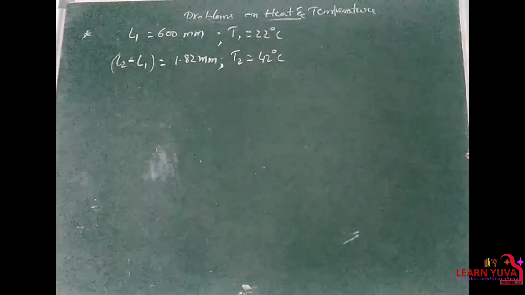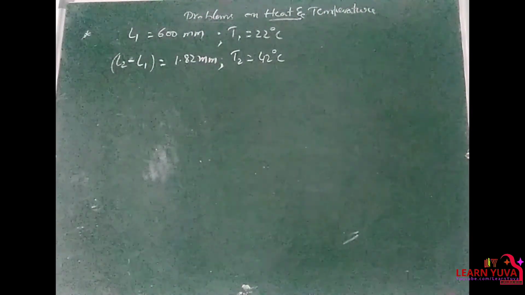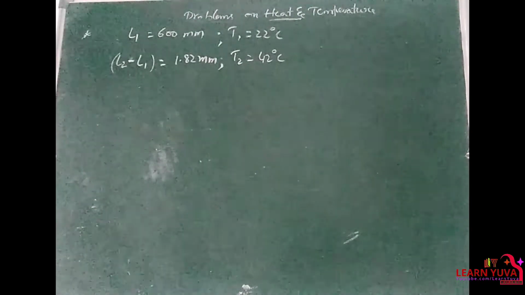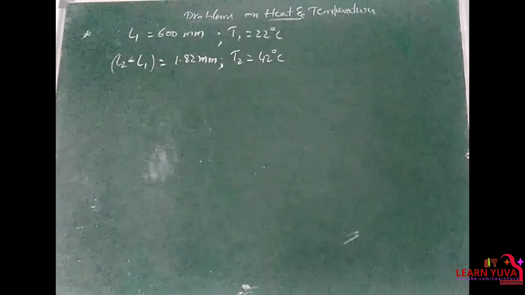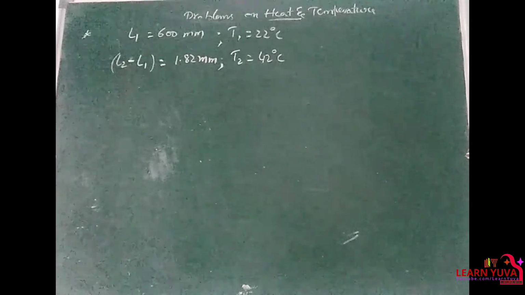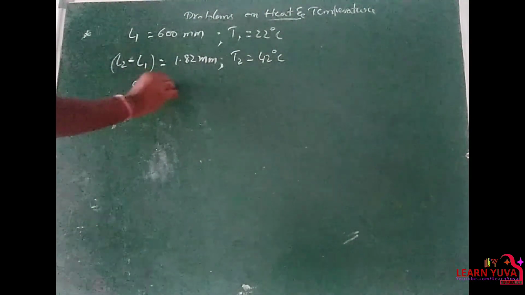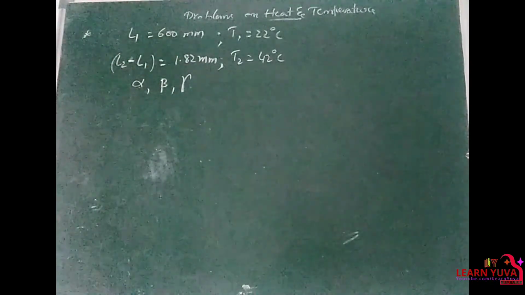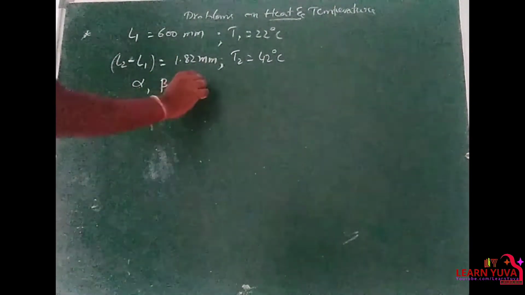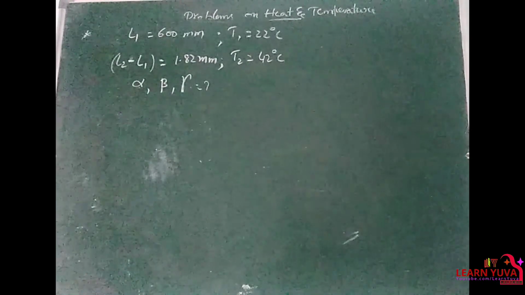Then calculate the linear coefficient of expansion, area coefficient of expansion, and cubical coefficient of expansion. Alpha, beta, and gamma we have to find out. Here, that is the given data.